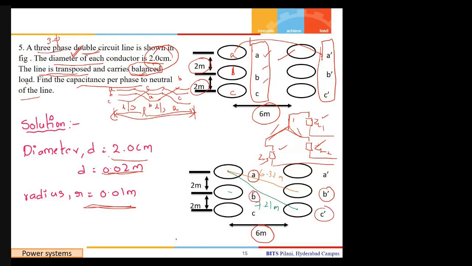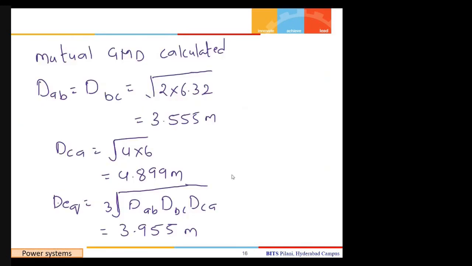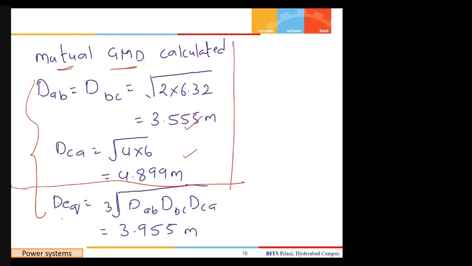All the distances between each phase and its bundle positioning you have to calculate. Once you have done that, you have to calculate the mutual GMD of the line. These calculations you have to do from the geometry. Once you have done this, you can obtain the D equivalent.